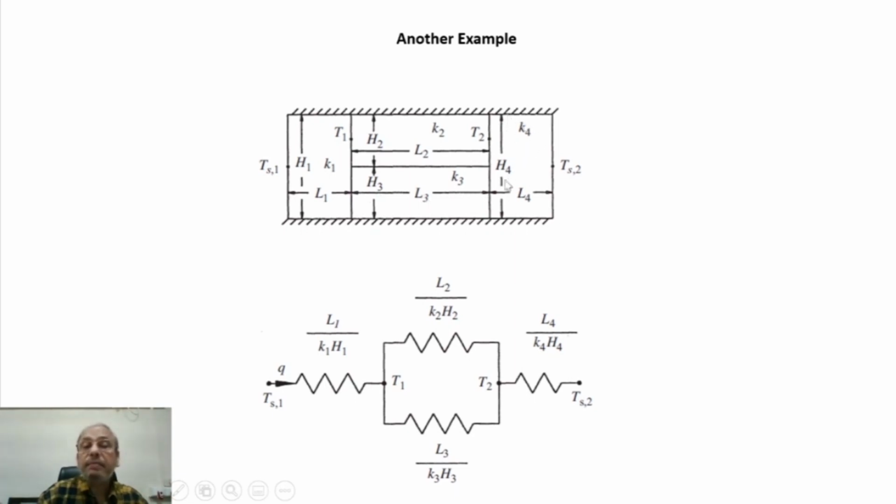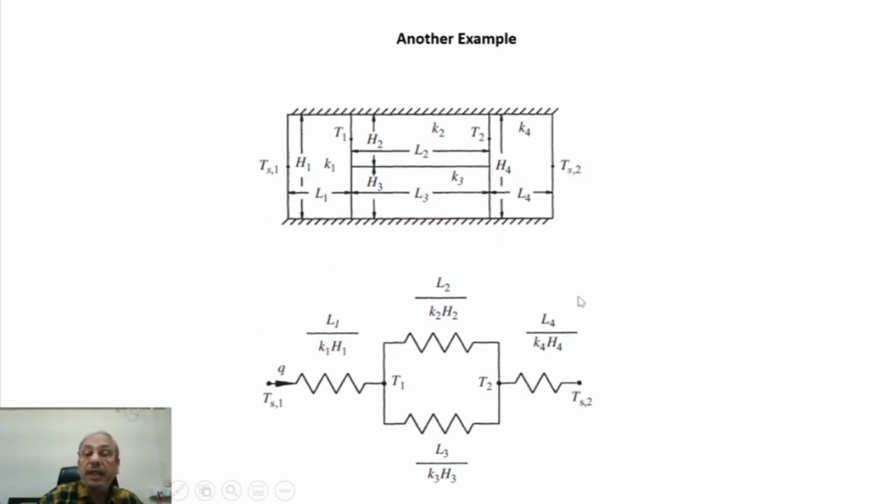And again the material is different. Here it is having thermal conductivity K4. The effective area is H4 into 1 and the characteristic length is L4. So in the circuit between Ts1 and T1 we have resistance given by L1 divided by K1 into H1.